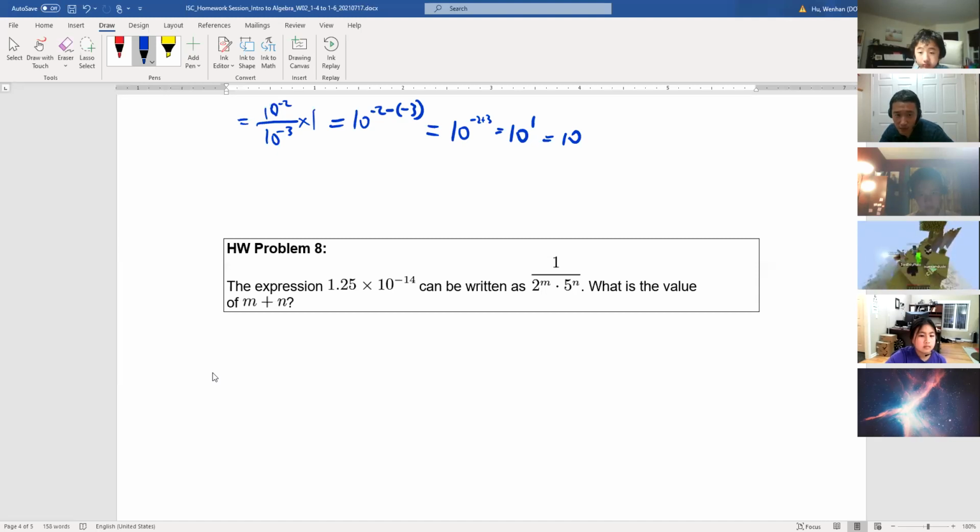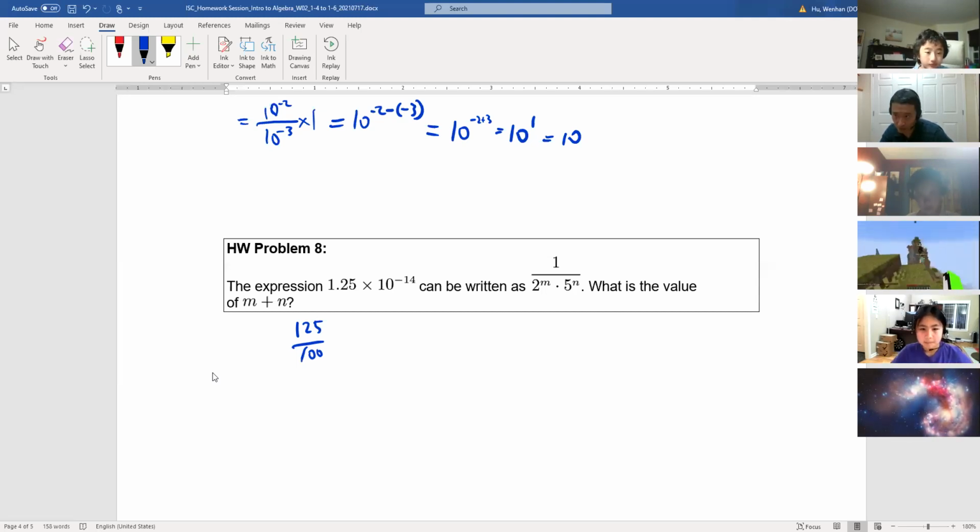Yes, 125 over 100 is exactly 1.25. So doing this, we have all integers now and deal with fractions. That's fine. And we have 10 to the -14 here.